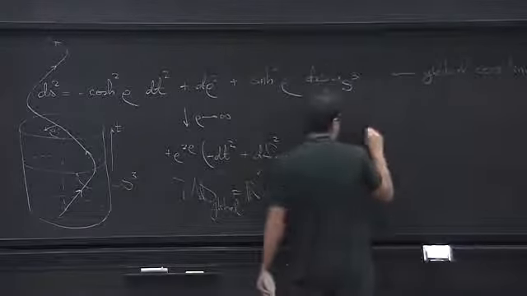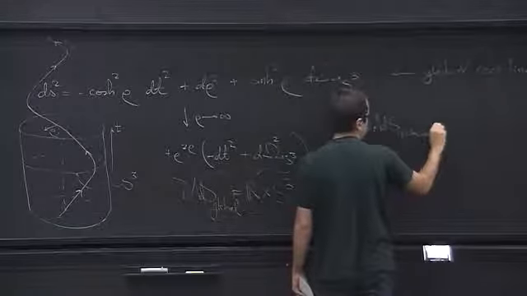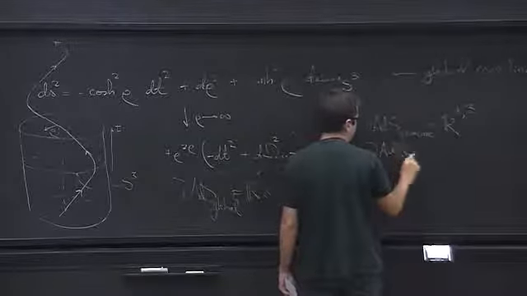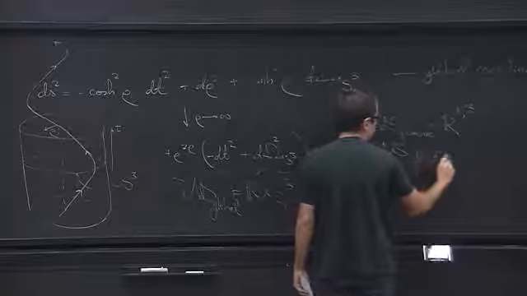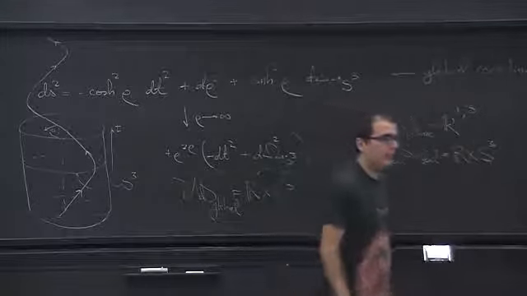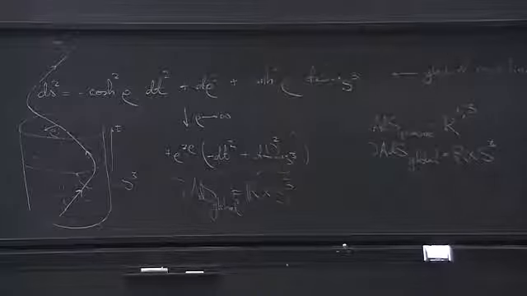So the boundary of AdS, when we think from the point of view of Poincaré coordinates, is Minkowski space. The boundary of AdS, when we think from the point of view of global coordinates, is R times S3. And there is a simple way of drawing both pictures, which is to draw in these global coordinates where the Poincaré patch is.